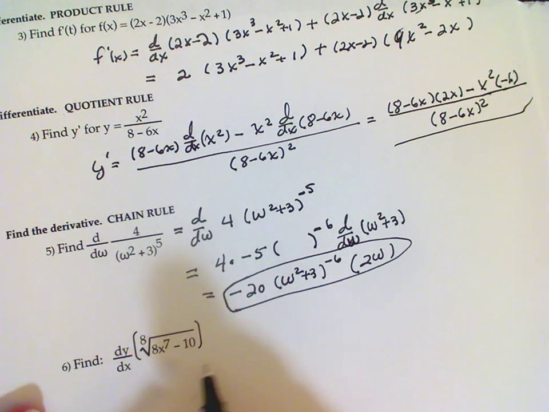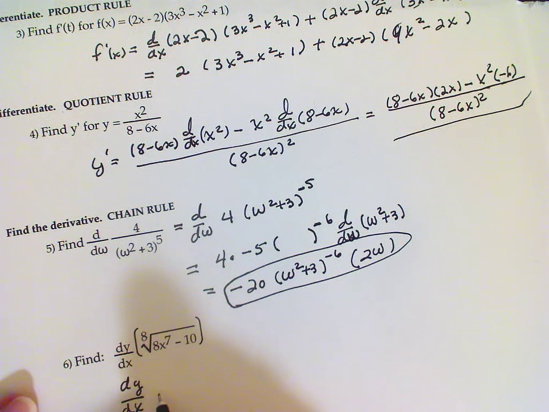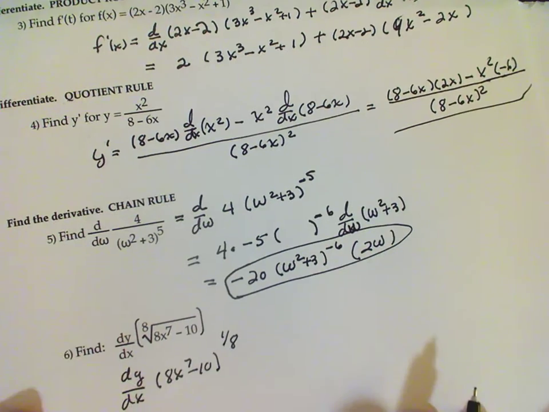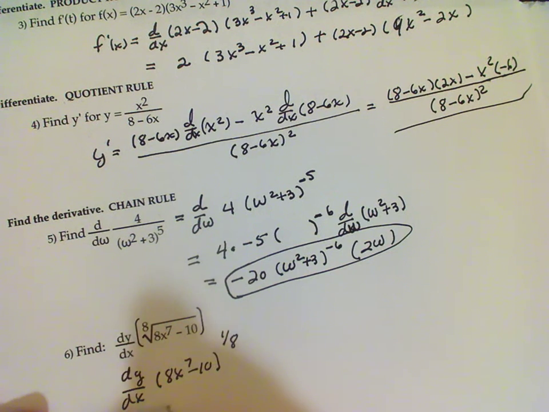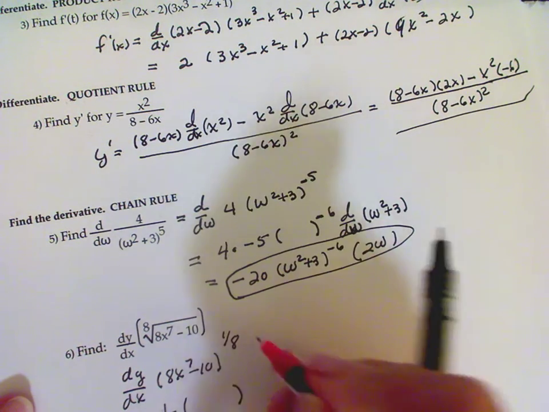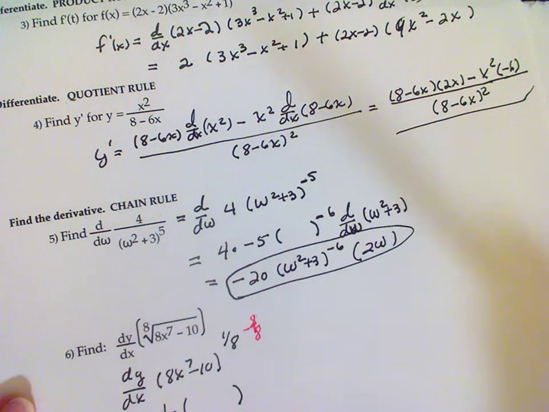Now this one needs to be rewritten as well, and this is dy/dx of 8x to the 7th minus 10 to the 1/8. So that derivative is going to be 1/8 times the blob to the 1/8 minus 1, and that's just 8/8, that's what 1 is.